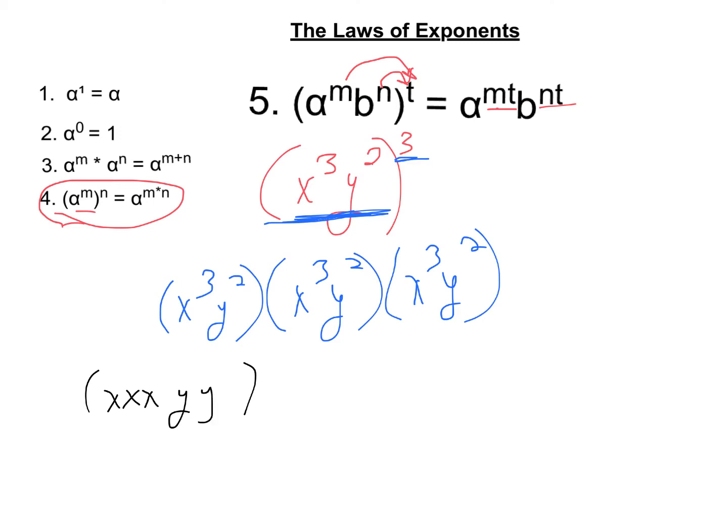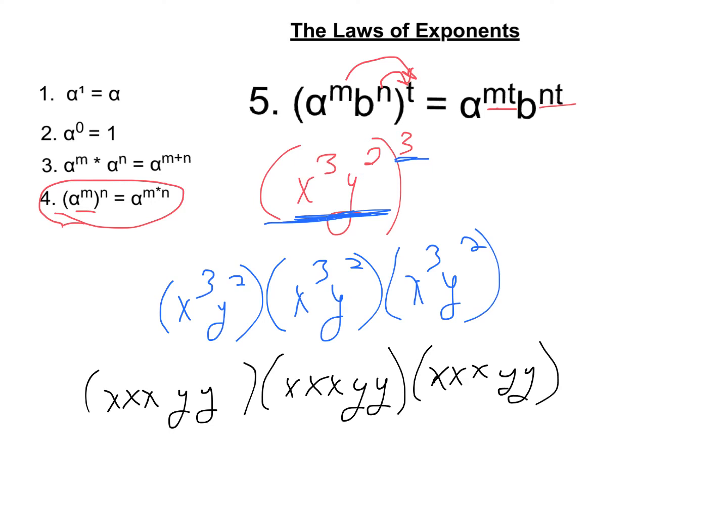Y squared is 2 y's. And if I pull this all together, I have 9 x's, so x to the 9th. 2, 4, 6 y's, so y to the 6th.